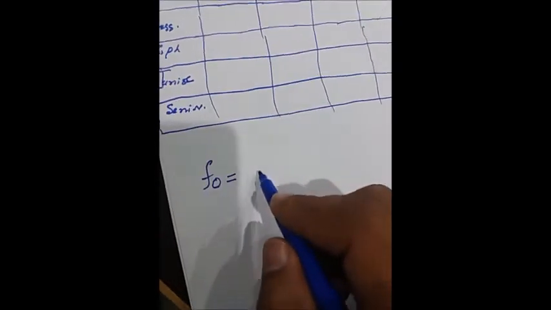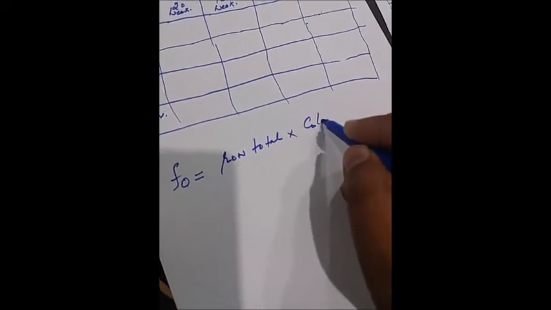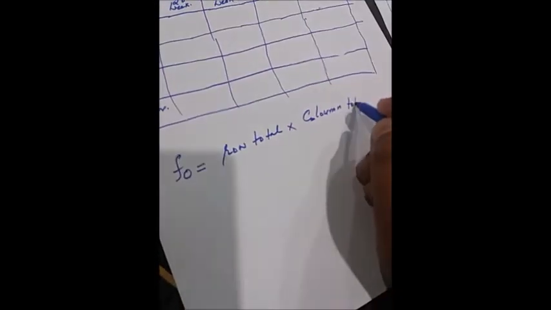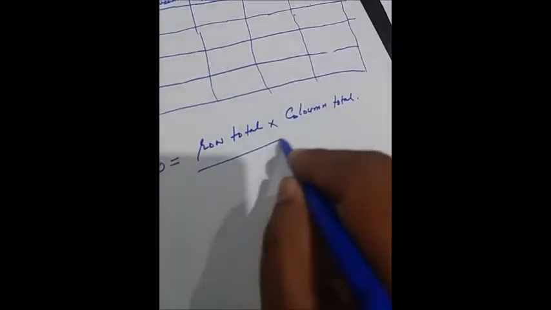Now we will put the values into this table, using the formula: expected frequency is equal to row total multiplied by column total, divided by n.